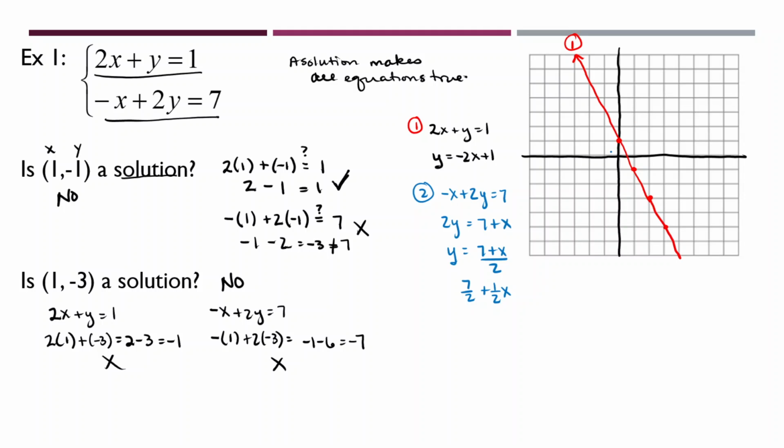So my y-intercept is at 7 halves, which is 3 and a half. So 1, 2, 3 and a half. My slope is 1 half, so I'll go up 1 over 2. Up 1 over 2. I could even go down 1 and to the left 2, and then I can connect those dots.